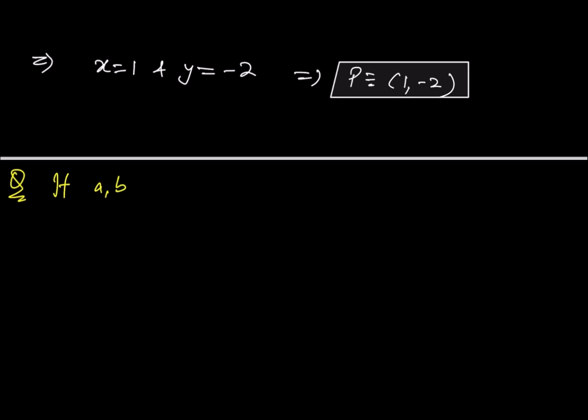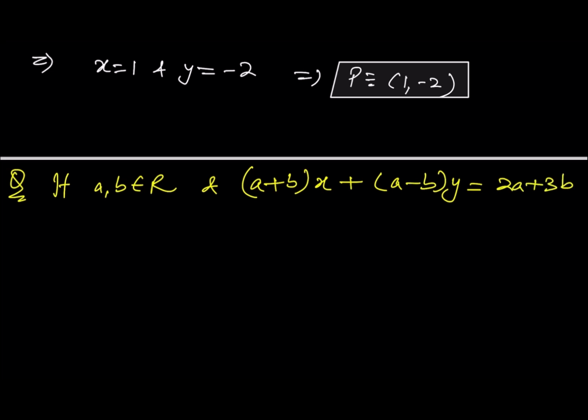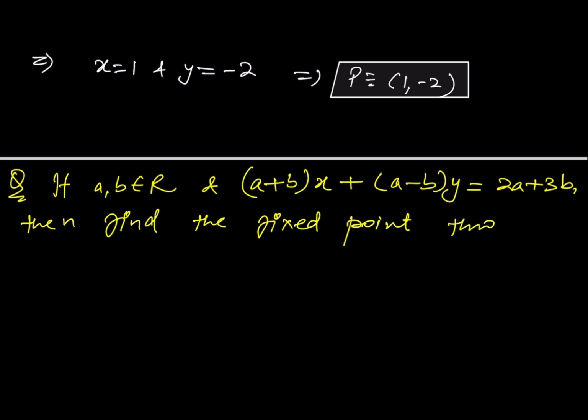If a, b belongs to R and a plus b times x plus a minus b times y is equal to 2a plus 3b, then find the fixed point through which the lines are passing.